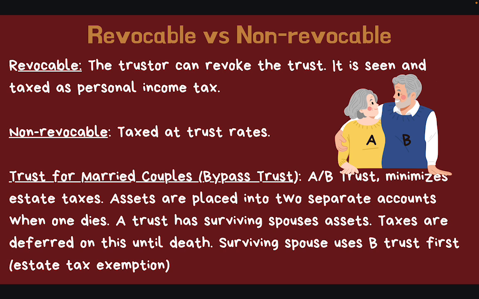And the surviving spouse, A, uses B trust first, which has the estate tax exemption. So it's a way to not have to pay taxes on what B is leaving behind. Make sense? It's called a bypass trust. So you get to bypass the person left behind and the tax implications. Cool.